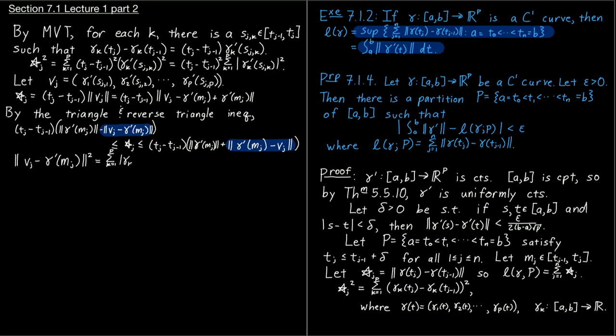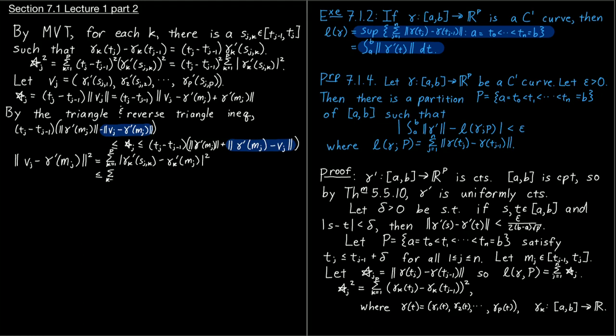We've got gamma k prime of sjk minus gamma k prime of mj. And remember again that different k's are getting different s's. So this is not the norm of gamma prime of s minus gamma prime of m. They depend on s in sort of a complicated way.